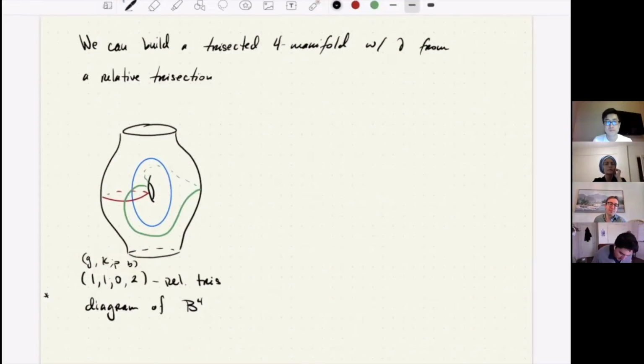And so we construct a four-manifold as follows. We take a disk cross our surface, and then we attach these little legs.